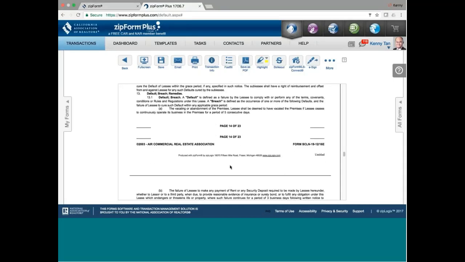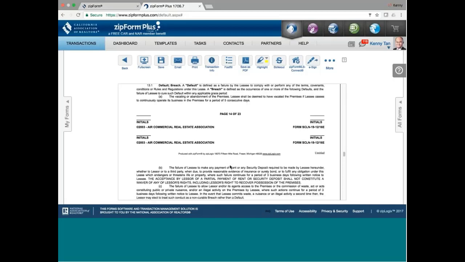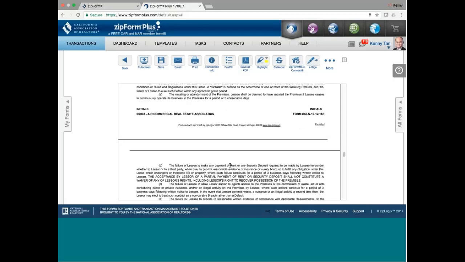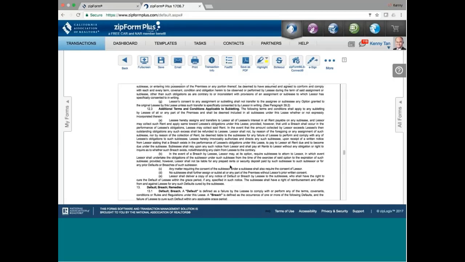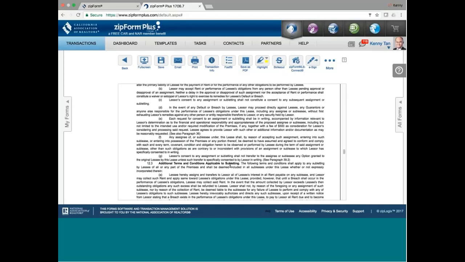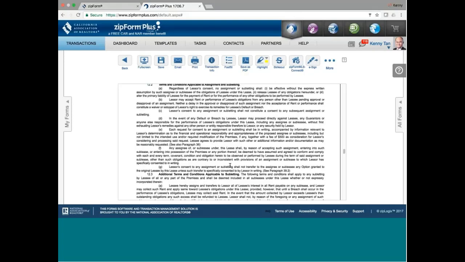Okay, default breach remedies, we covered that. Let me see. There's probably something in here about the sublease that I need to explain to you. Now, in case you want to assign or sublease the premises, there's always this $500 that the tenant has to pay to the landlord, just to allow the landlord to consider the proposed sublease.